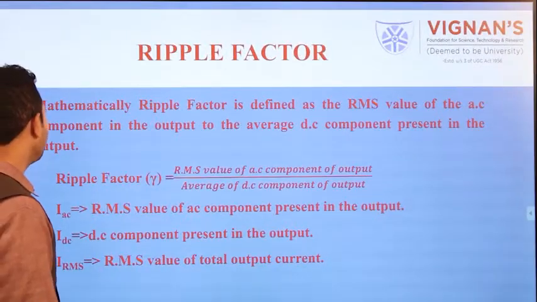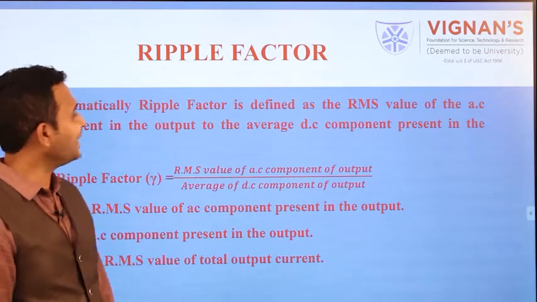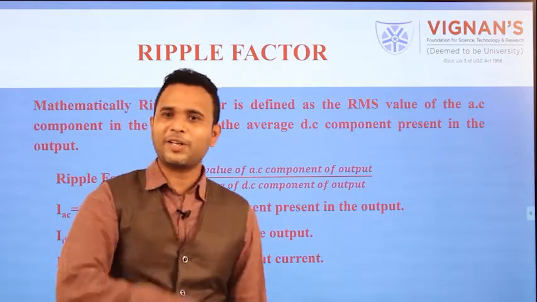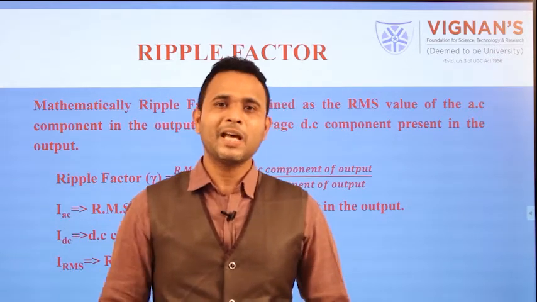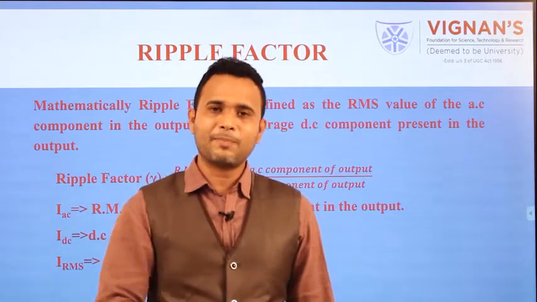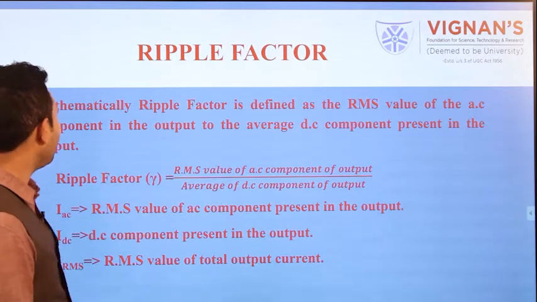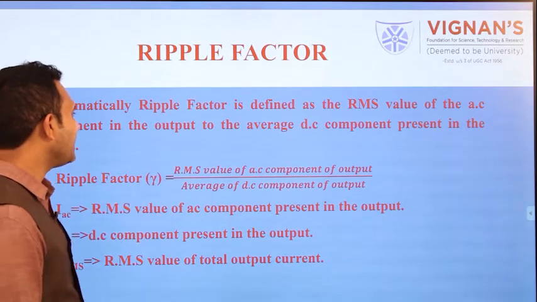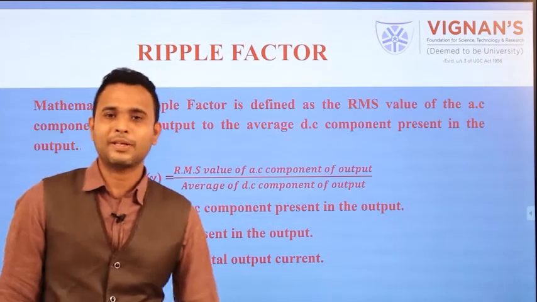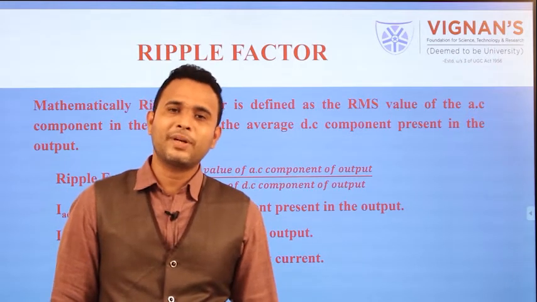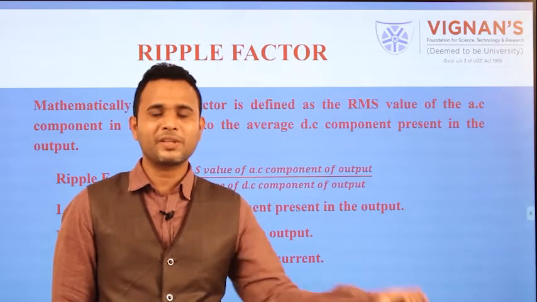Continuing, the next value is the ripple factor. What is meant by ripple factor? This is a very important definition. With the help of the ripple factor only we can design any type of power supply. Generally it is defined as the RMS value of the AC component divided by the average of the DC component. How much AC component are we getting at the output side along with the DC?